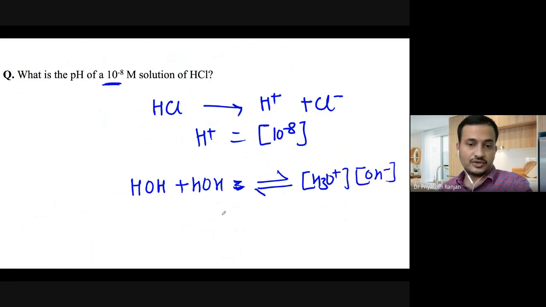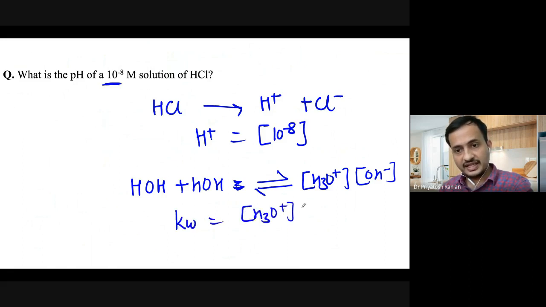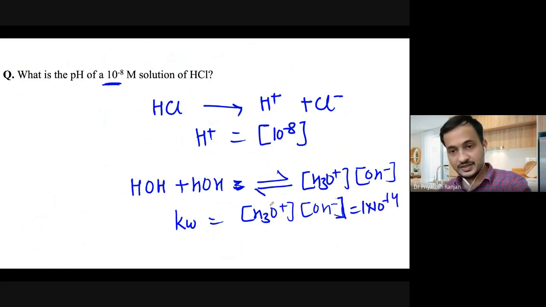The autoionization of water gives you an equation which is called the ionic product of water, which is equal to H3O plus and OH minus. This value is 1 into 10 raised to the power minus 14. Just now we have seen at 25 degrees Celsius, if the water is pure, the concentration of H3O plus and OH minus is going to be equal.